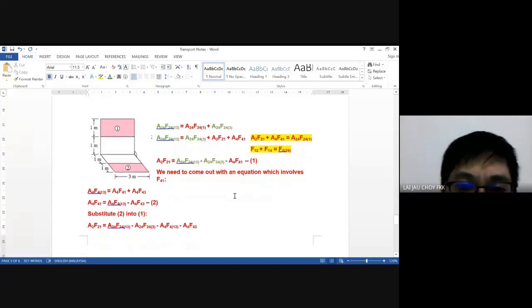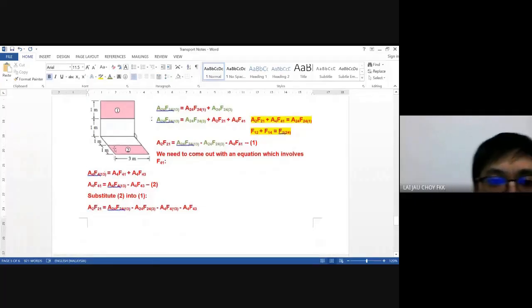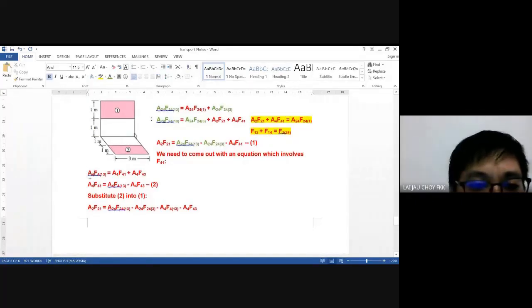So how? Let's have a look here. We see A4 F413. You see, this is surface 4, this is 1, this is 3. 4, 1, 3, they are adjacent, right? So A4 F413, in this case, now you use the superposition rule.